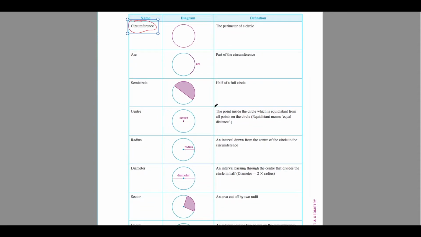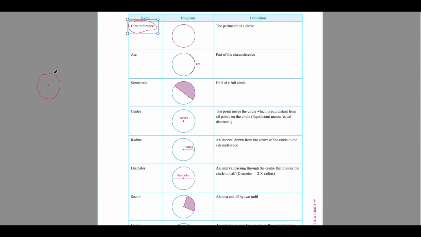Center. Now the center of a circle is basically, well, the center, but to be more technically correct, it's the point inside the circle which is equidistant from all points on the circle. Now what that means is this. If I draw a circle, this is my terrible drawing of a circle, and this is the center. This center is a point inside the circle that's equidistant from all points on the circle.